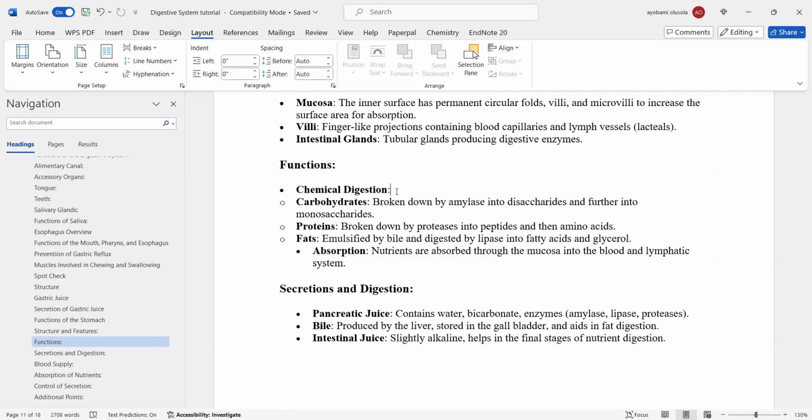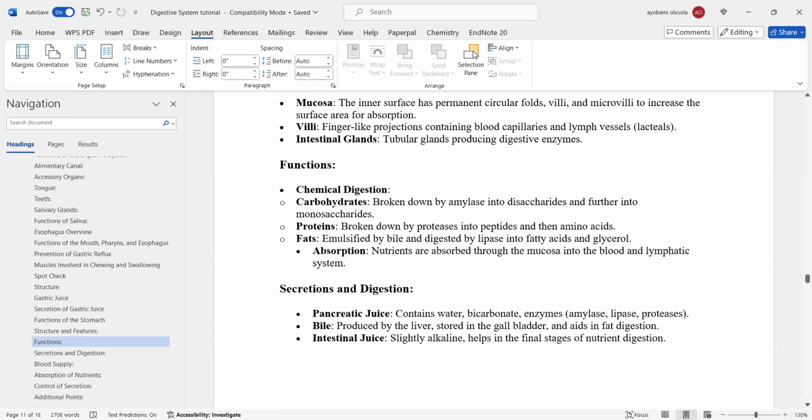For example, glucose is a monosaccharide. The digestion of protein, the end product will give us amino acids. While the digestion of fat, the end product will give us fatty acids and glycerol. Then these nutrients are absorbed through the mucosa into the blood and lymphatic vessel.